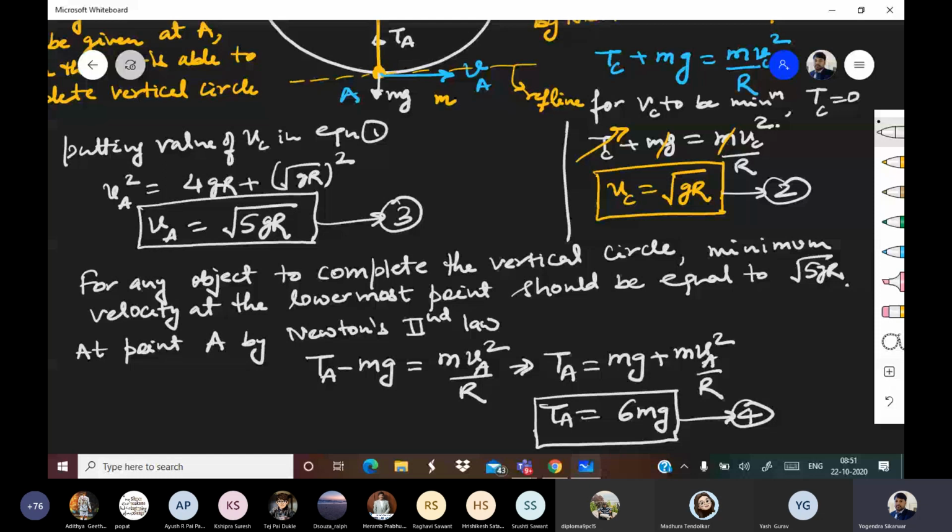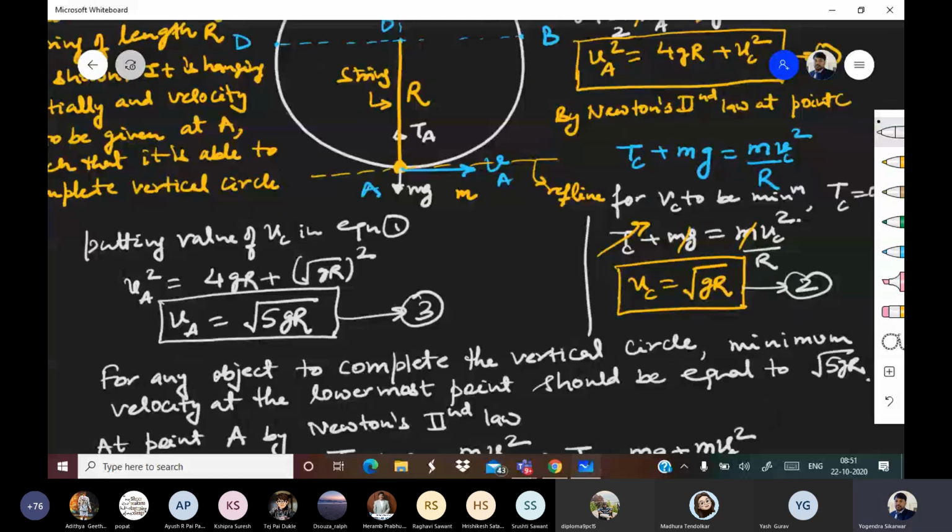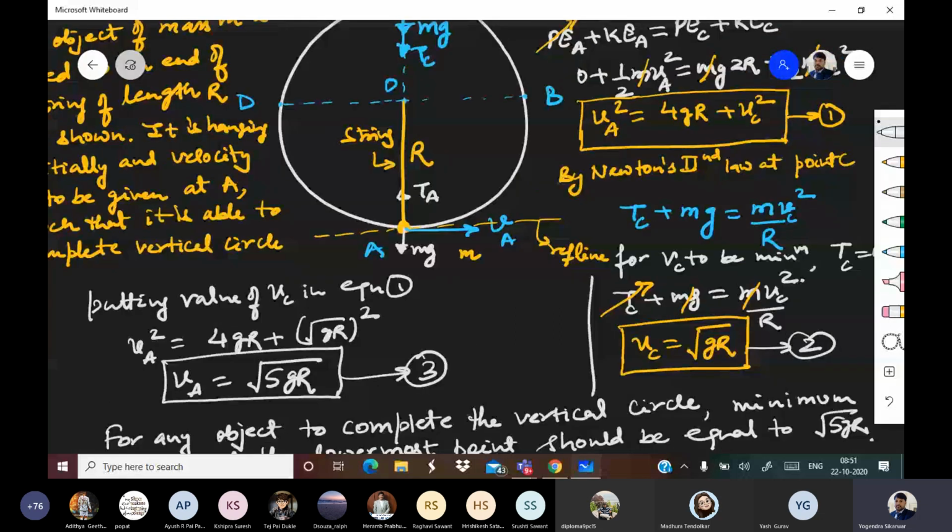Now, I want you to apply Newton's second law and MEC to find velocity at B and tension at B. All of you, please find velocity at B and tension at B. Please scroll down a bit.